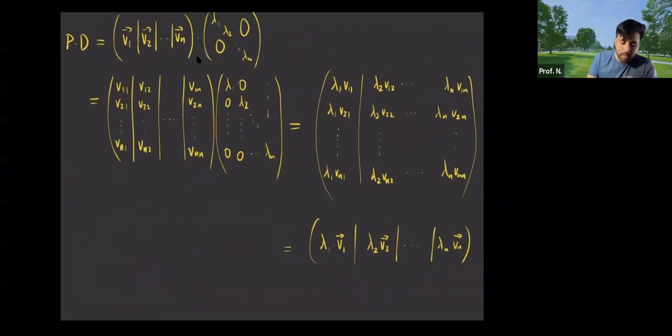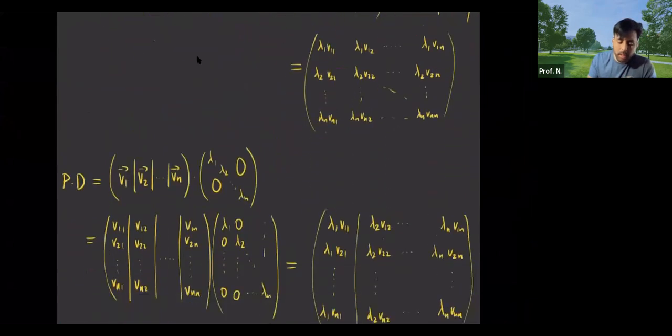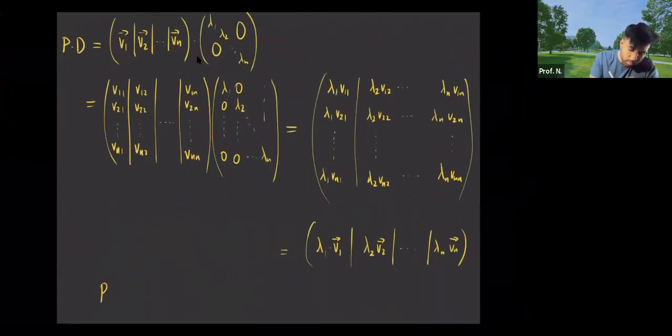And this is what? This is P times D. This up here was D times P. So rightfully so, A times P equals P times D.